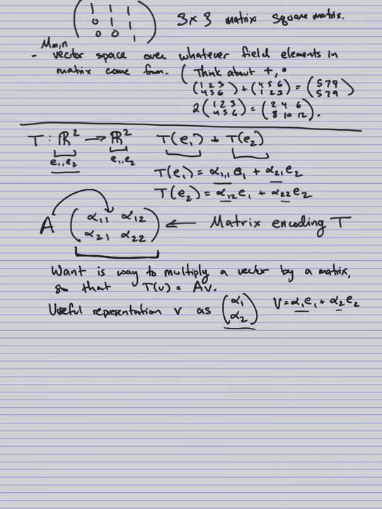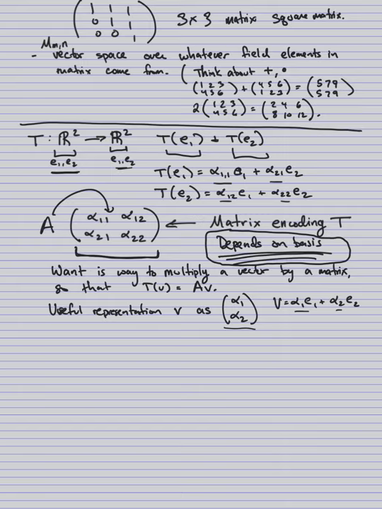So maybe I should just emphasize, I'll say this later, but of course this all depends on the basis, right? If I had a different basis, then you would get a far different matrix. Or I could have chosen one basis E1, E2 for R2 and chosen a completely different basis for the range R2.